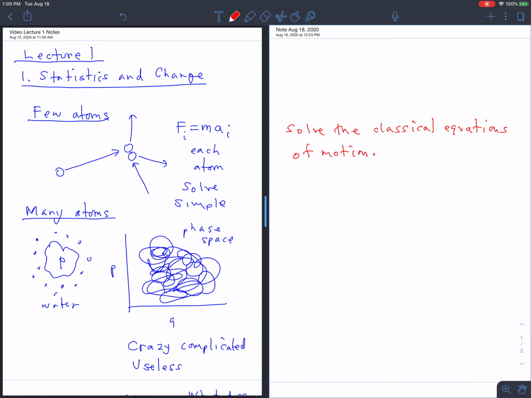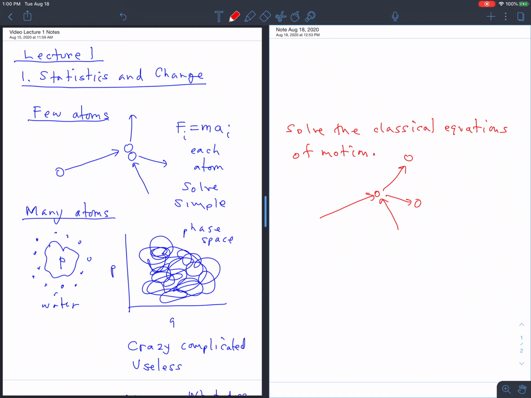And what that will do is tell you all about exactly what each and every atom does. So if you've got two atoms that are colliding, for example, solving the equations of motion will tell you exactly where each and every collision is happening.